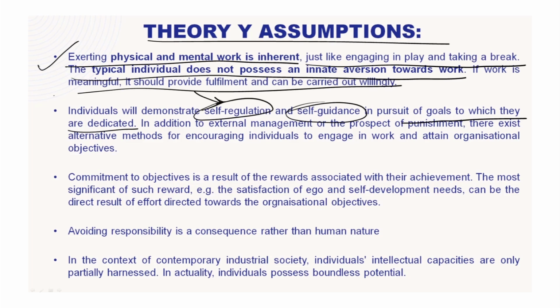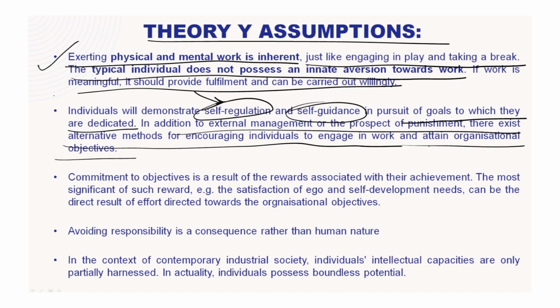So, self-regulation means the management thinks that the employees are self-motivated and they will be performing their duties by themselves and efficiently too. In addition to external management or the prospect of punishment, there exists an alternate method for encouraging individuals to engage in work and attain organizational objectives. Okay. So, point 2 talks about the inner motivation or the self-control or self-guidance of the employee.